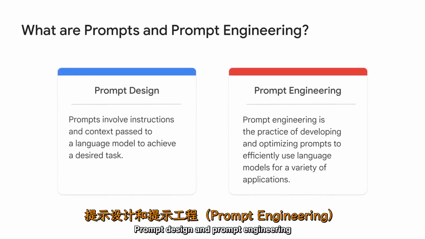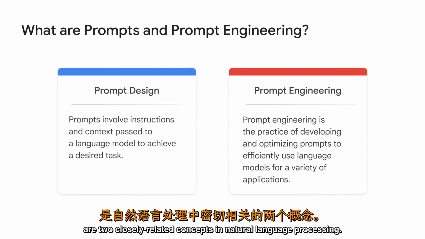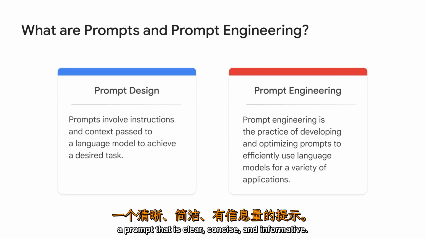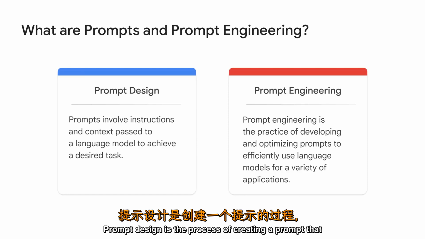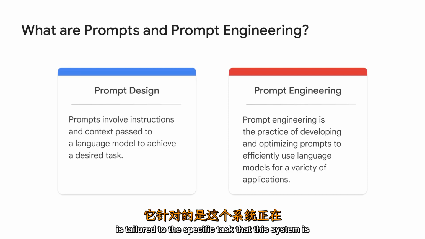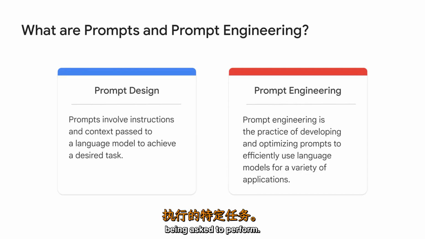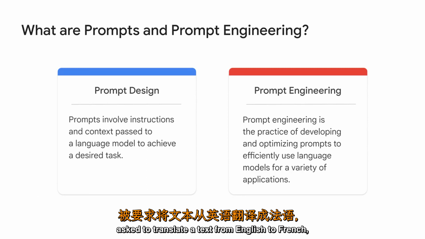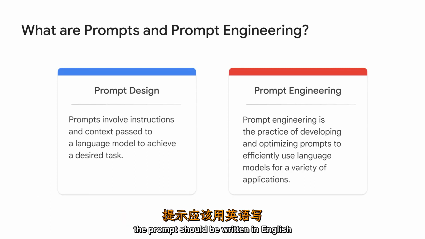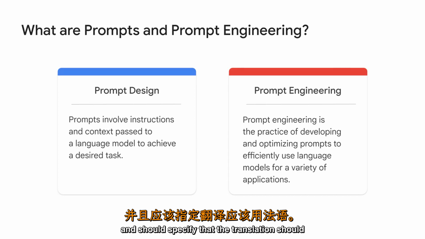Prompt design and prompt engineering are 2 closely related concepts in natural language processing. Both involve the process of creating a prompt that is clear, concise, and informative. However, there are some key differences between the 2. Prompt design is the process of creating a prompt that is tailored to the specific task that the system is being asked to perform. For example, if the system is being asked to translate a text from English to French, the prompt should be written in English and should specify that the translation should be in French.